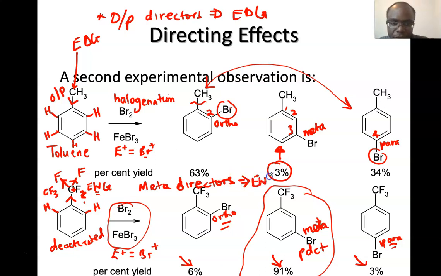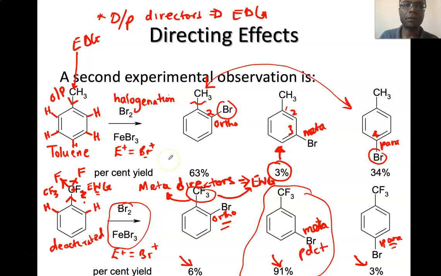I just like using EWG. They are always EWGs. So the CF3 is an example of an electron withdrawing group. CH3 is an example of an electron donating group, but those are not the only ones.